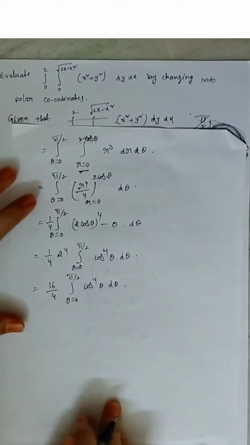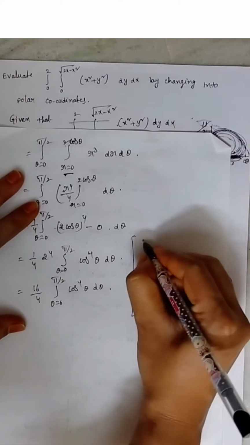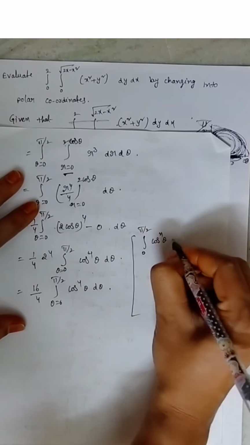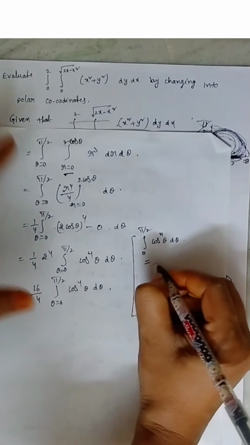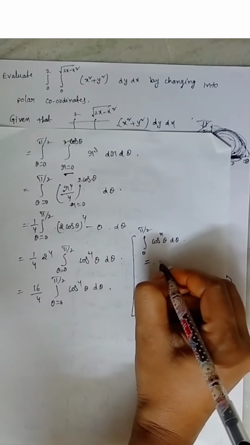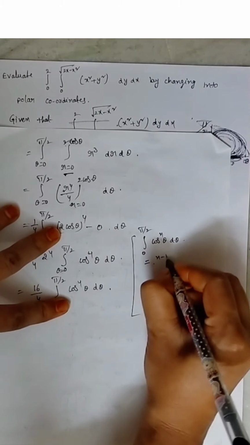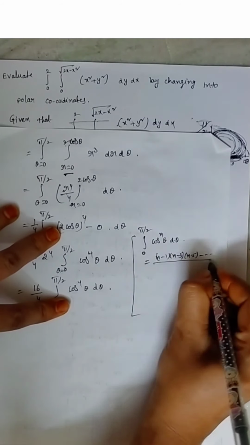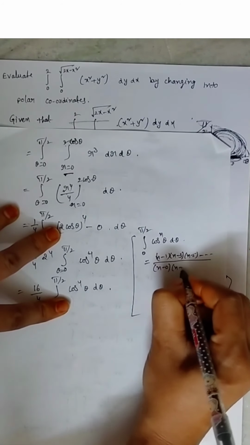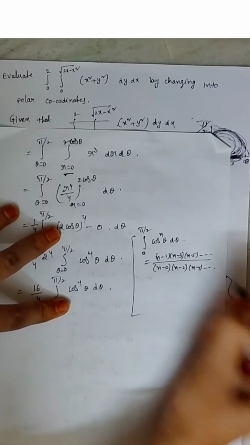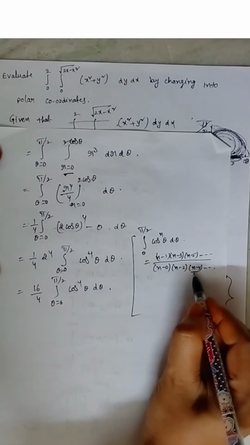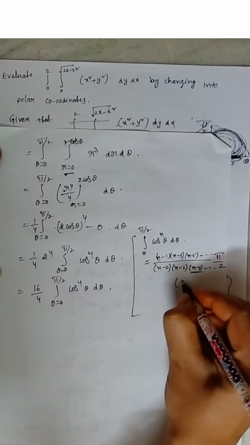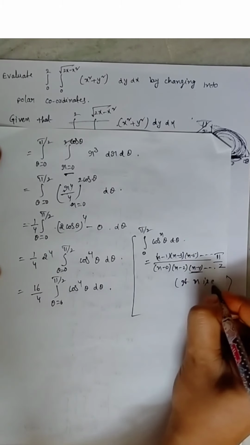Now how to solve this integration? You know in intermediate, integral 0 to pi by 2 cos to the power of n theta or sin to the power of n theta, anything, equals, what is that formula? You know that (n minus 1) into (n minus 3) into (n minus 5) and so on, divided by n, (n minus 2), (n minus 4) and so on, till not getting negative value, we have to substitute, into pi by 2 if n is an even number.